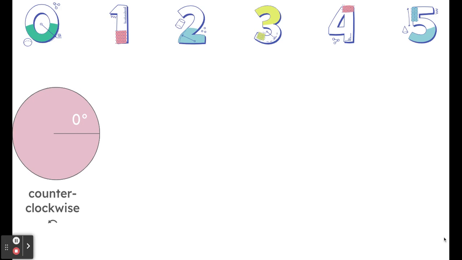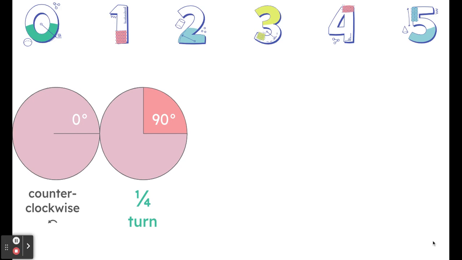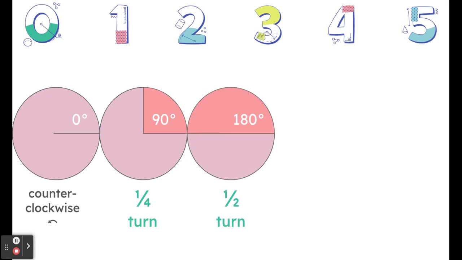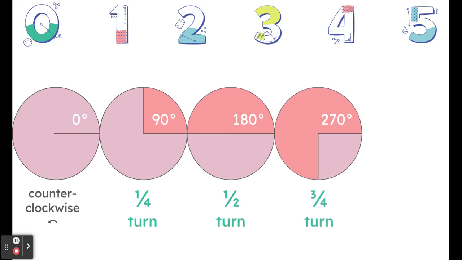Now, remember that when a shape is turned about a point, it is rotated, and each quarter turn represents 90 degrees. So here's our first quarter turn, 90 degrees, our half turn, 180 degrees, our 3/4 turn, 270 degrees, and our full turn of 360 degrees. A complete turn measures 360 degrees.